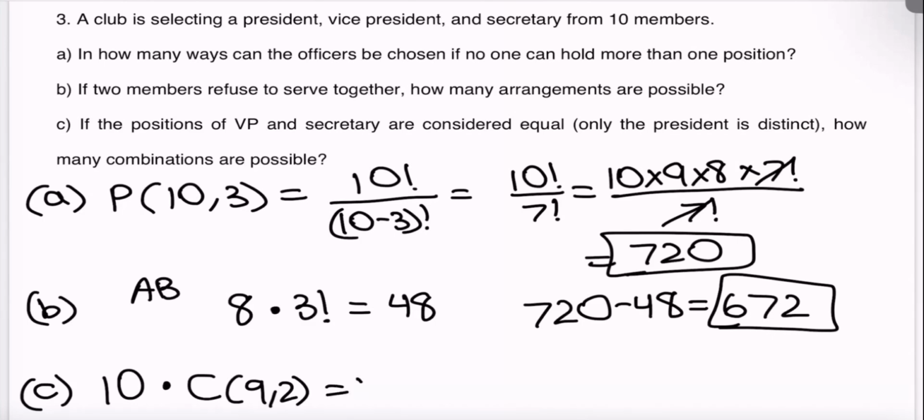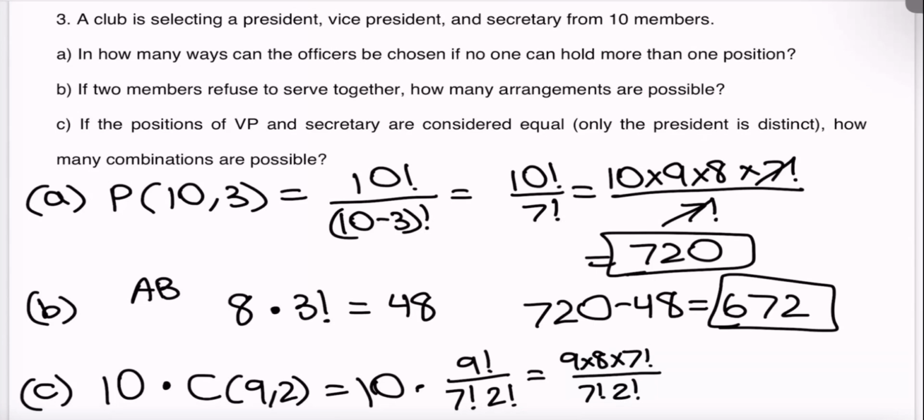So then we have 10 times 9 choose 2, which 9 choose 2 is going to be 9 factorial over 7 factorial, 2 factorial, which is going to be 9 times 8 times 7 factorial over 7 factorial, 2 factorial. Then I'll cancel these out, and we're going to end up with 9 times 8, which is 72, divided by 2, which is 36.